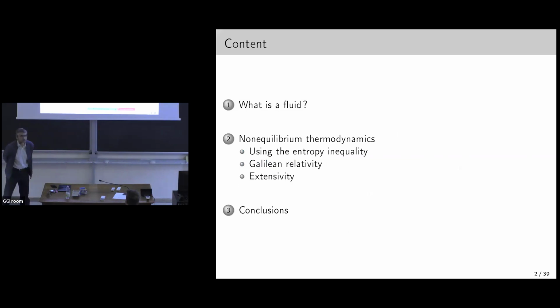My ambition is to extend a little bit what we consider as a fluid, and you will see why. There will be three important aspects. First of all, how we use the entropy inequality in classical fluids, and about the Galilean relativity, I mean whether and how things are covariant in the non-relativistic physics.